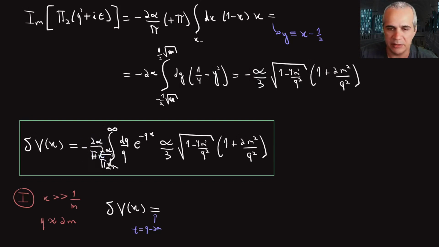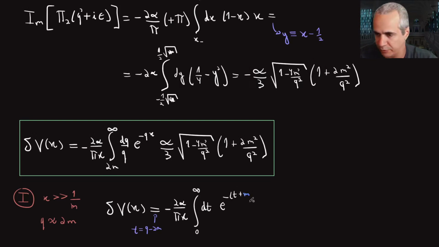That becomes minus alpha over this, integral from 0 to infinity of dt, exponential of minus (t plus 2m) x over (t plus 2m), times all this, so alpha over 3.